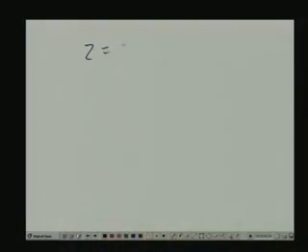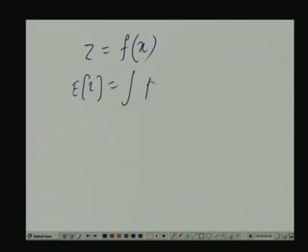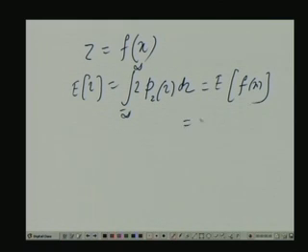If Z was given to be a function of random variable x, then we have shown that E of Z, which is nothing but E of f x, is the integral of f x multiplied by p x dx. We have also proved it.